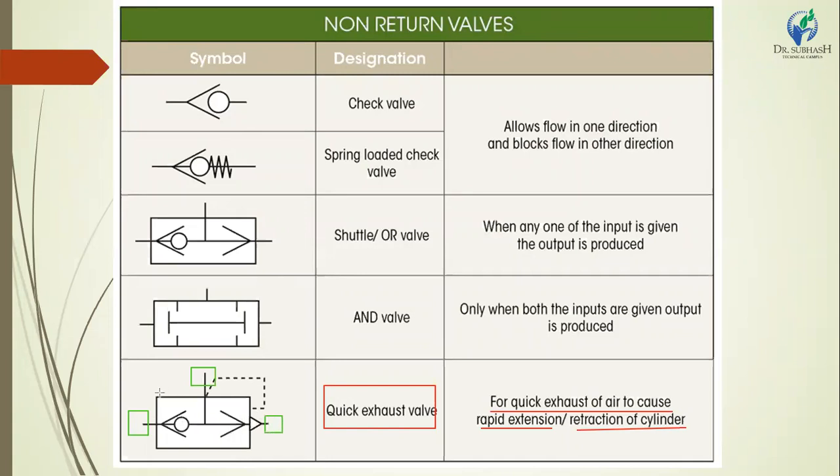But in this case the position is closed, where we require a quick exhaust from the working line. This dotted line shows that excess pressure can be removed from this line and returned to the check valve, and it balances the line pressure and gives protection against higher pressure.